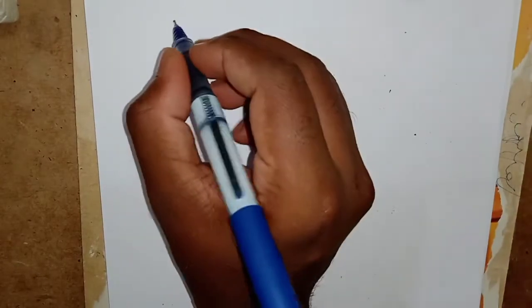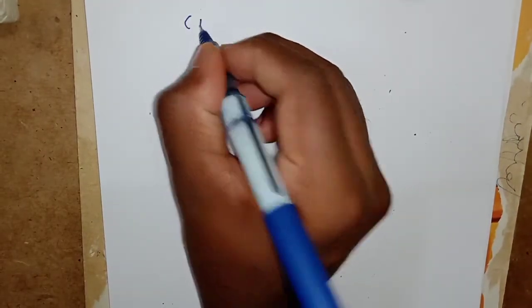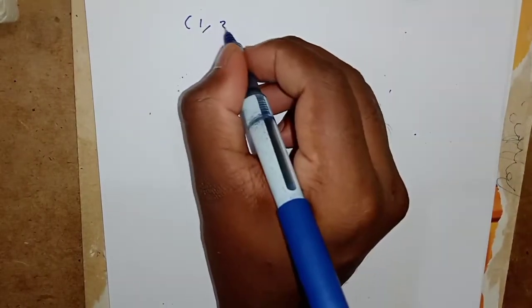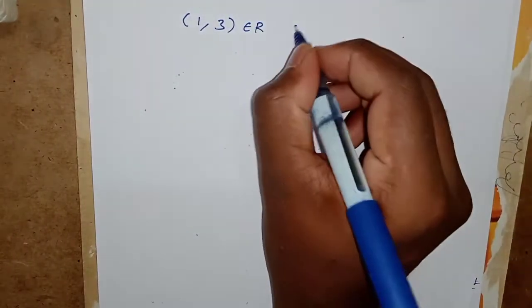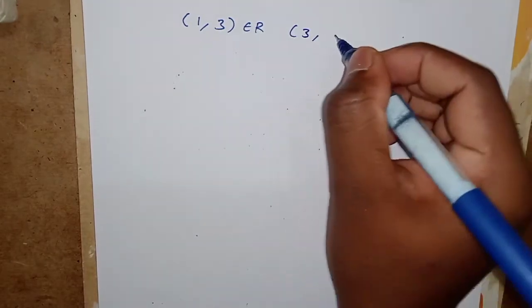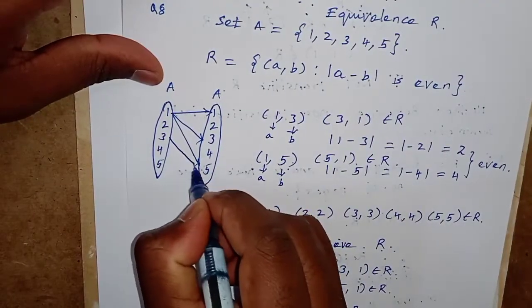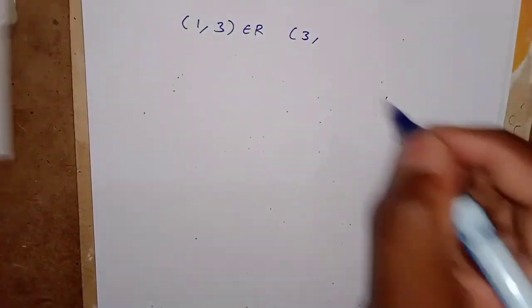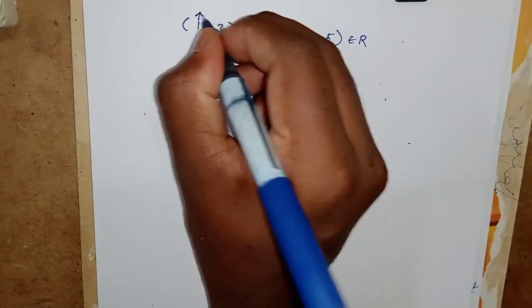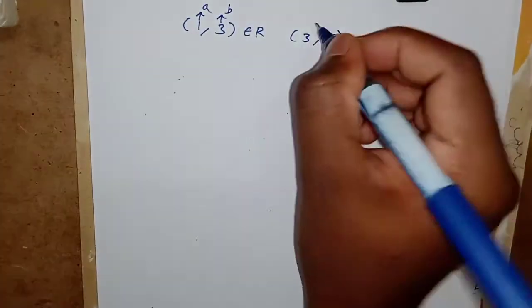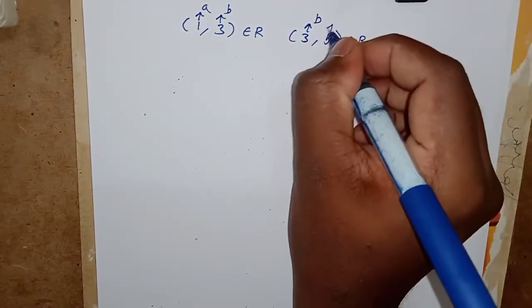Last condition, you have to check whether it is transitive or not. For transitive, (1, 3) belongs to R, and (3, 5) belongs to R. Here it is (A, B), here (B, C).